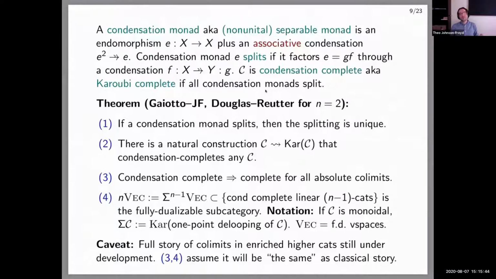In the paper with Kyoto, we say exactly what we need from that theory, and we basically define the words so that the parts that we need end up being true. But it would be much better for a complete understanding of colimits in enriched higher categories to be worked out. But all we need from it is stuff that's really well understood in lower categories, and we assume it's going to hold true.